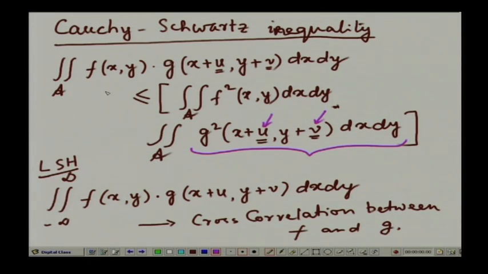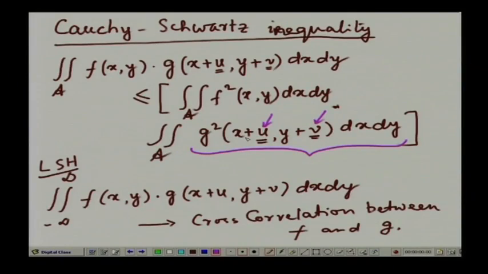So though from the left hand side we have that this is equivalent to the cross correlation between the functions f and g, this cross correlation cannot be directly used as a similarity measure, because the right hand side is not fixed. Though f square is fixed, the integral of g square (x+u, y+v) depends upon the shift u and v. So the cross correlation measure cannot be directly used as a similarity measure or a match measure.